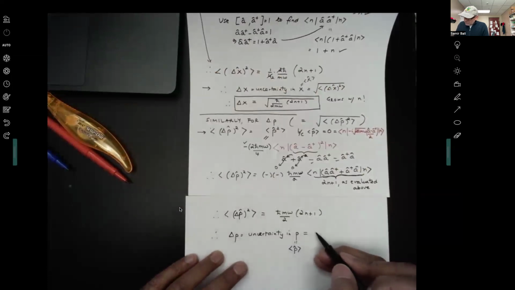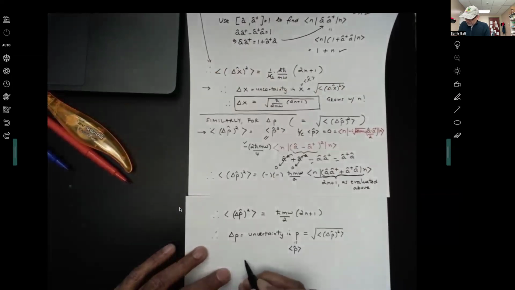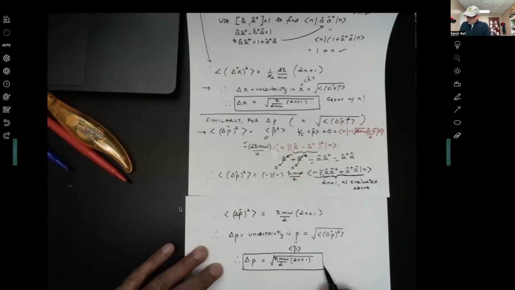So delta p is equal to the square root of h bar m omega over 2 times 2n plus 1.